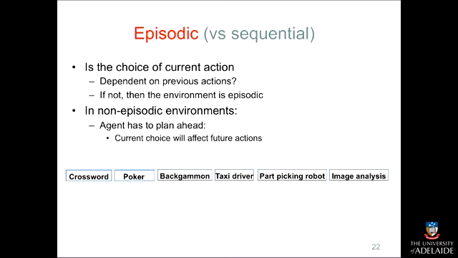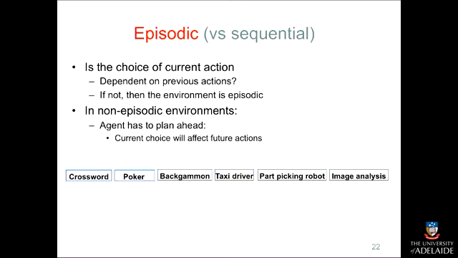So, episodic versus sequential. What I mean by episodic is, is the choice of the current action dependent on previous actions? If not, then the environment is episodic. Okay? So can we make a choice of our action completely independently of what's happened before? So in a non-episodic environment, then typically what we have to do is some kind of planning.